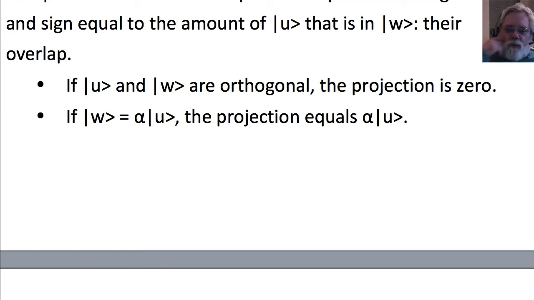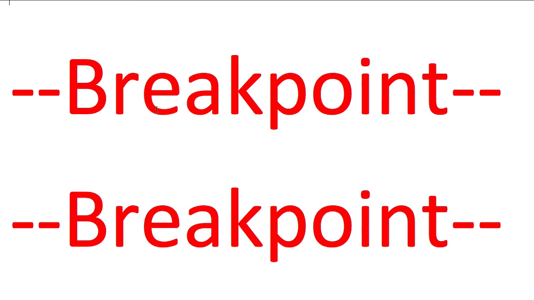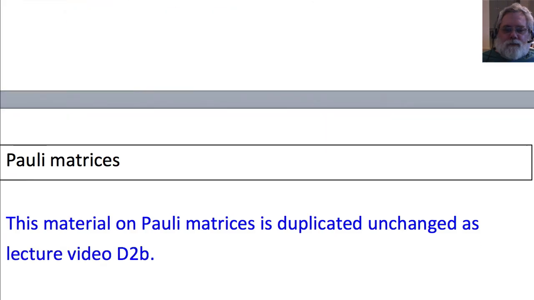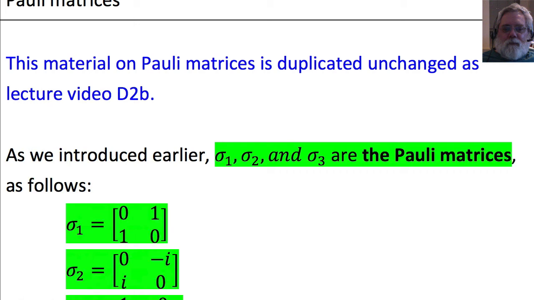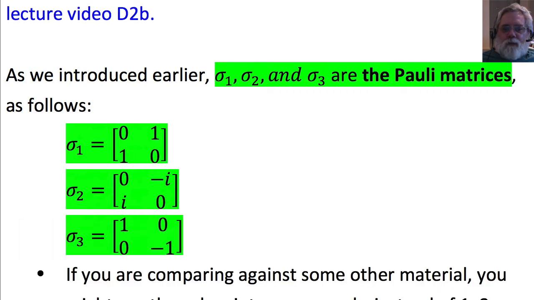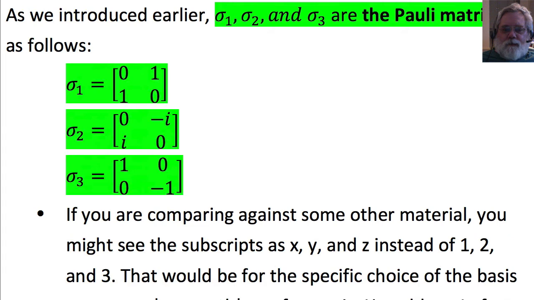We will use these projectors in the Pauli matrices and in the next lecture, D3, on spin 1/2 states. This is a possible time to take a break. Pauli matrices. We introduced them earlier, sigma 1, 2, and 3, Pauli matrices. If you're comparing against some other material, a book or a class, you will probably see the subscripts as being x, y, and z instead of 1, 2, and 3.